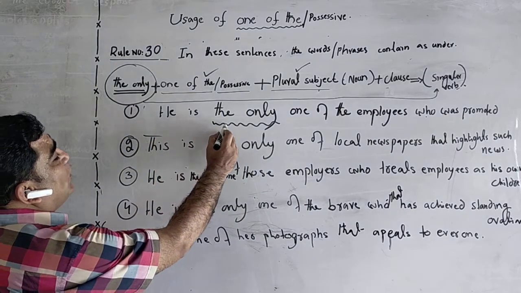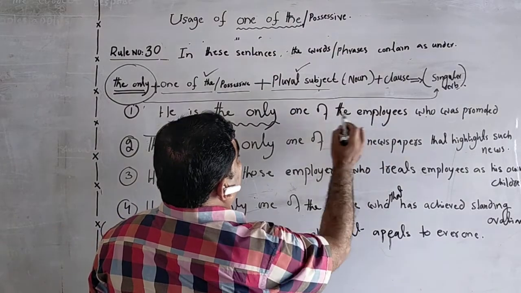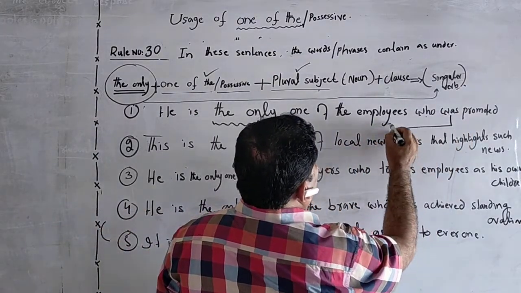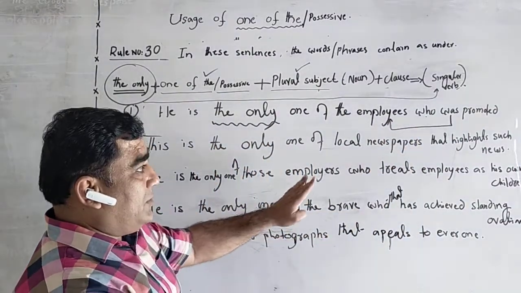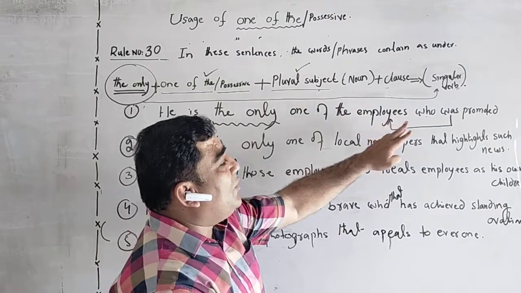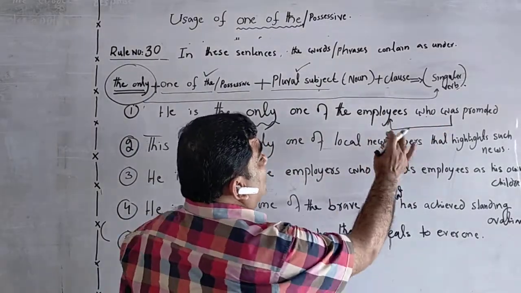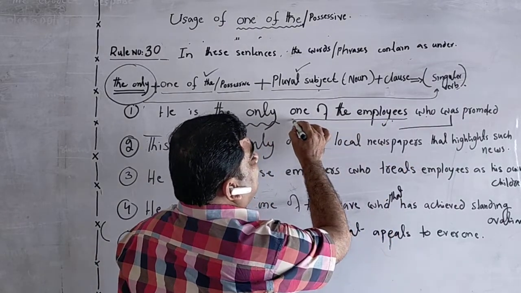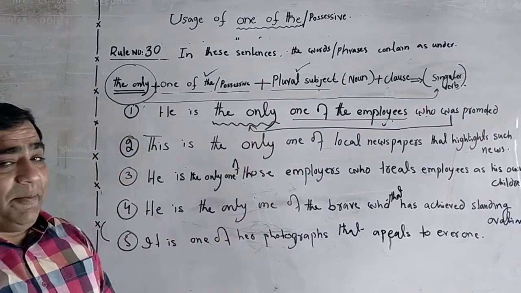He is the only one of the employers. Now see here, no doubt there is an imbalance between the two. Now we have to take a plural verb, but now we will see not this structure of "one of the", but we come to see this "the only".